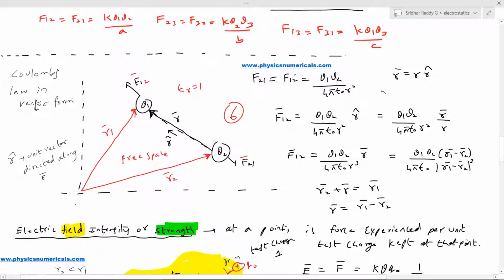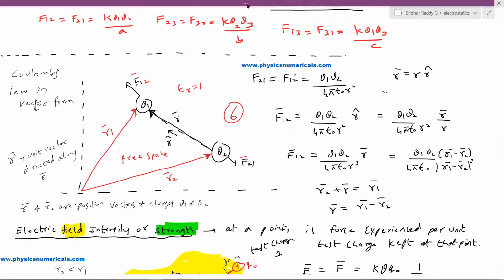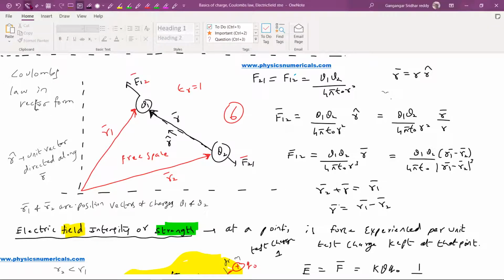What are R1 bar and R2 bar? They are position vectors of charges Q1 and Q2. Let me use the pointer.